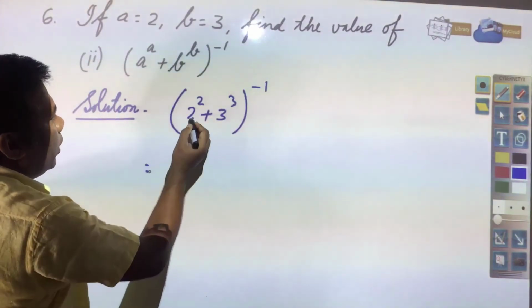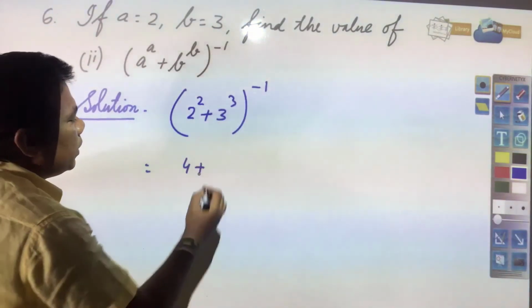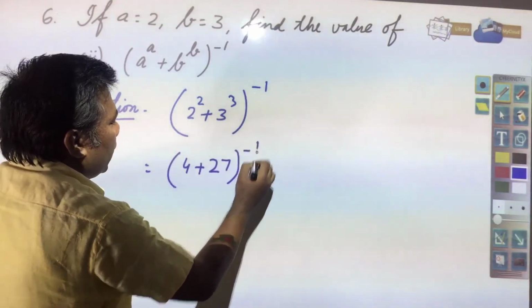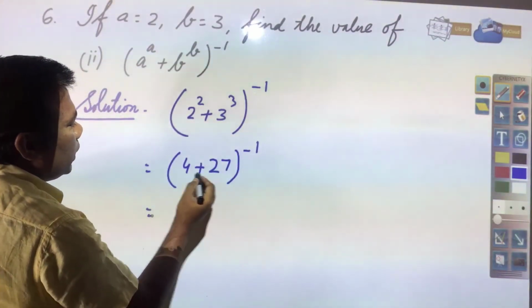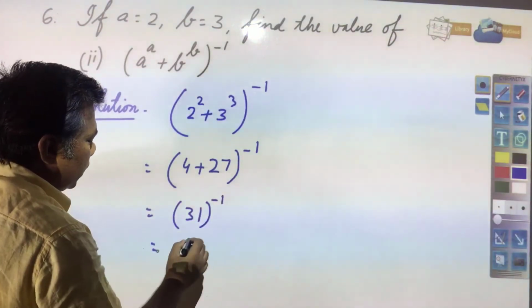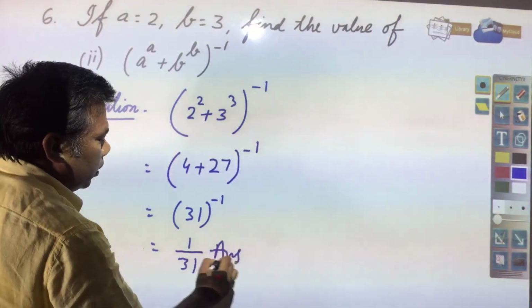So, this will be 2 to the power 2 means 4, 3 to the power 3 means 27, and to the power minus 1. It means 27 plus 4, 31 to the power minus 1, and this will be inverse of 31, and this will be your answer.